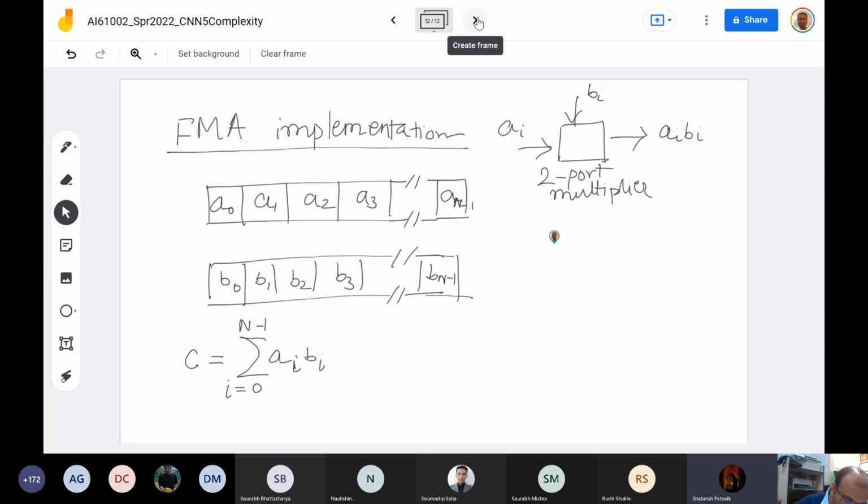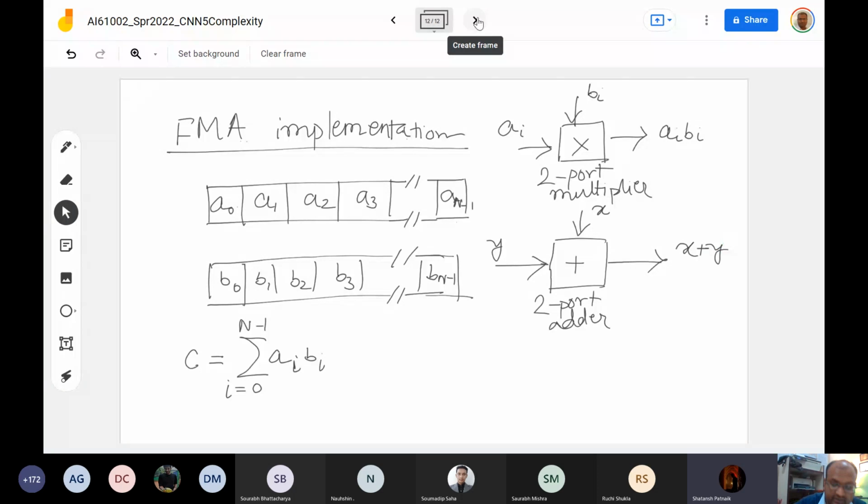And also I have a two-port adder. What a two-port adder is going to do is if I give it X and Y, it is going to give me X plus Y. Okay, so this is what it is going to do.